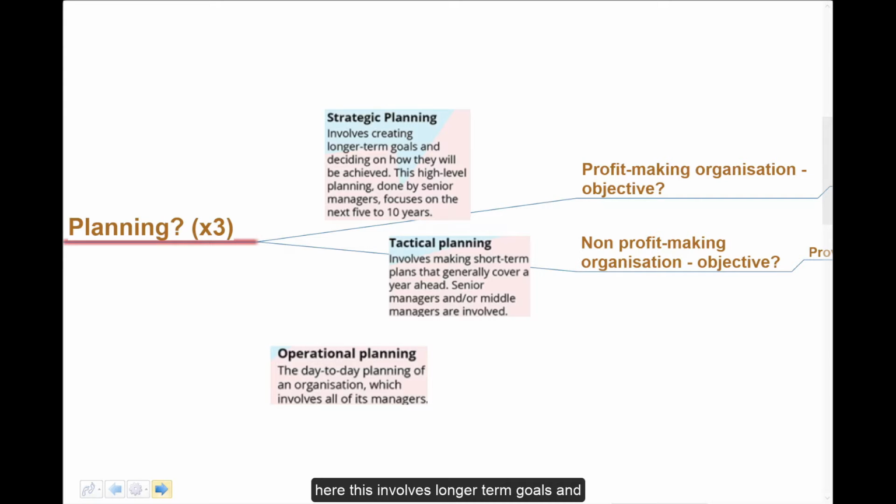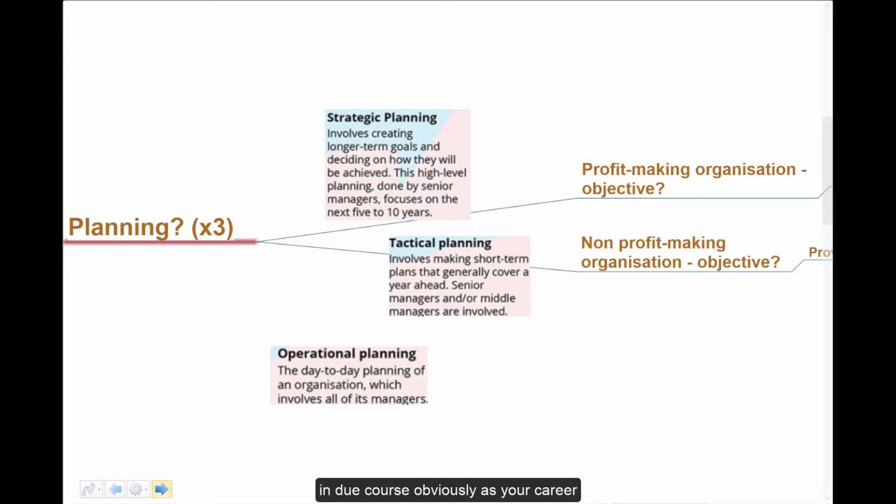As you see here, this involves longer term goals and deciding how those goals will be achieved. This is C-suite stuff. This isn't factory floor. It's high level, senior managers, and we're talking about timescales of 5 to 10 years.